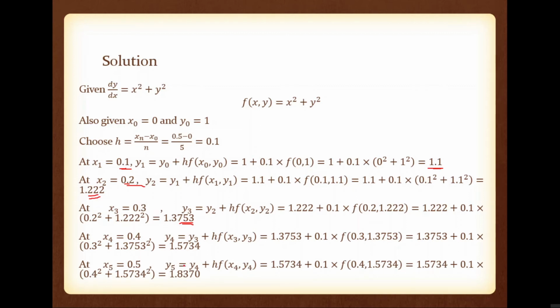So y5 is equal to y4 plus h into f of x4 comma y4, that is equal to y4, that is 1.5734, plus 0.1 into f of 0.4 comma 1.5734, that is equal to 1.5734 plus 0.1 into 0.4 square plus 1.5734 square, that is equal to 1.8370. Is it okay?